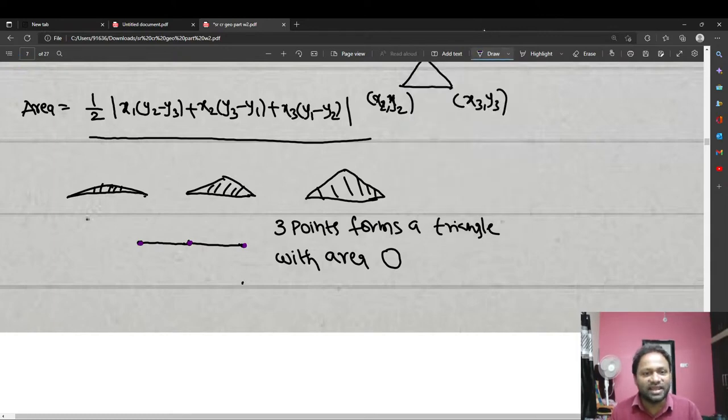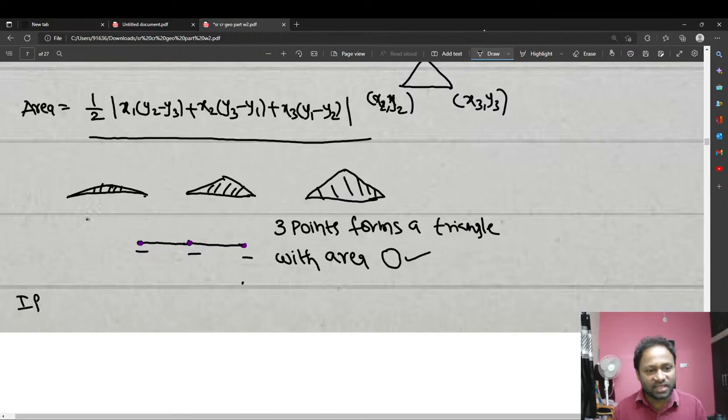With these 3 points, we won't form a triangle, but if a triangle forms, the area should be 0. Area becomes 0. Very good. Area will become 0 in collinear points. Whenever 3 points are collinear, the area of the triangle will be 0.